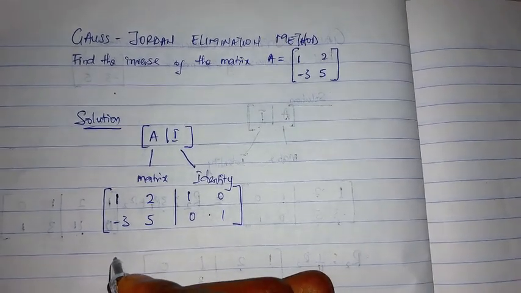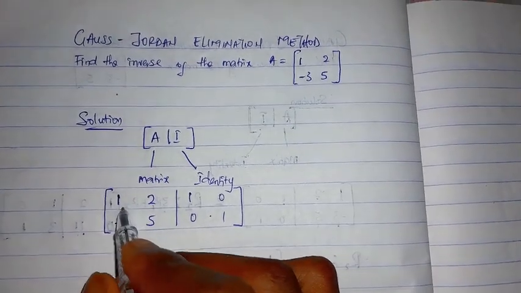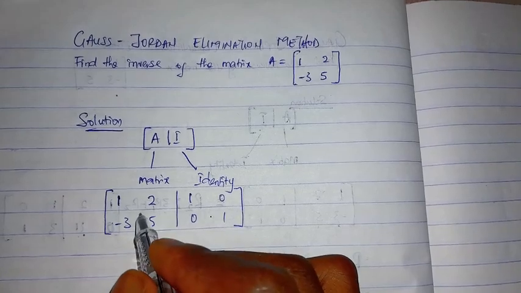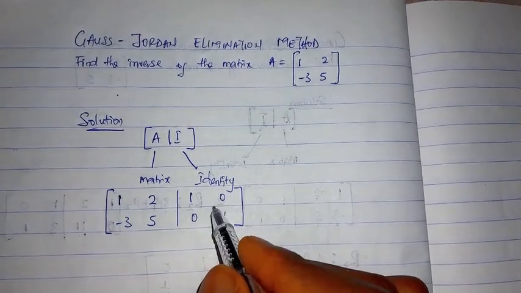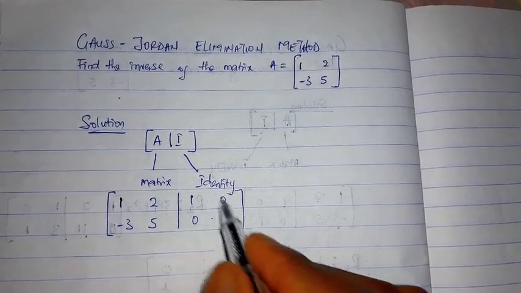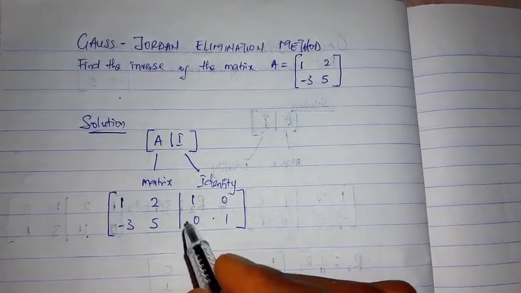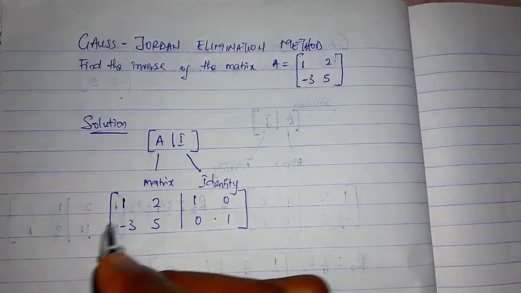Okay, how do I then solve it? Whatever operation I apply on one side, be it row or column operation, I must apply on the other side, unlike the Gaussian elimination method.